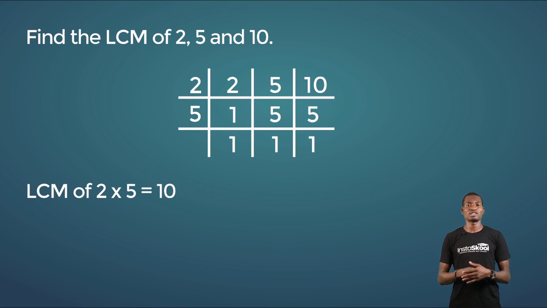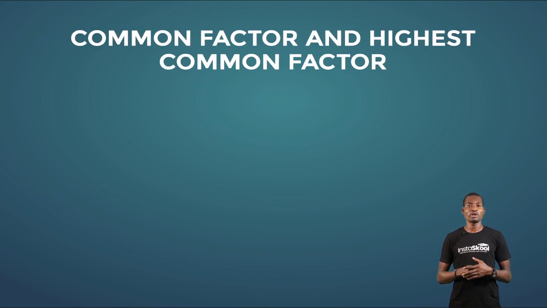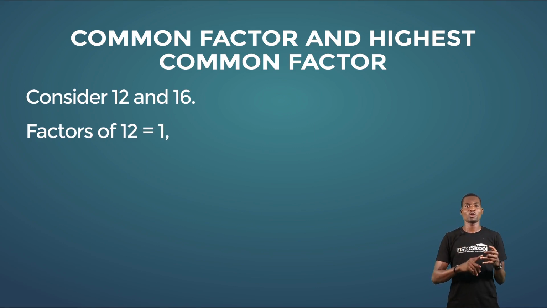Let us now introduce the next section of this lecture, which is the common factor and the highest common factor. What do we mean by factor? Consider the numbers 12 and 16. We list out all the factors of 12. That is 1, 2, 3, 4, 6, and 12. We also list out all the factors of 16.